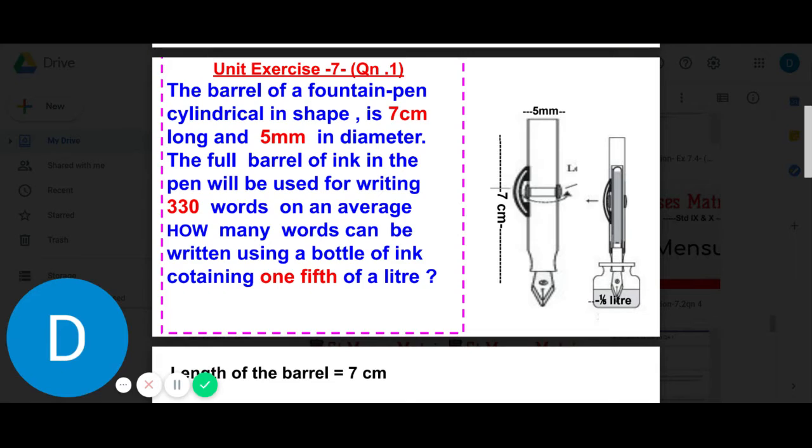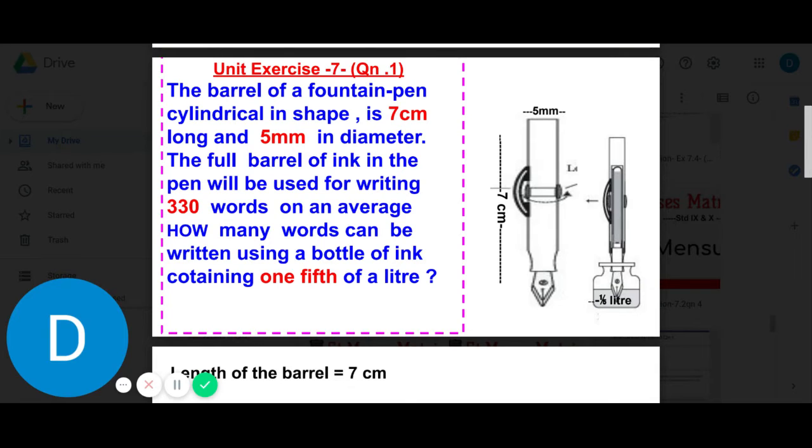So using that bottle of ink, how many words can be written? We should find out how many words can be written using 1/5 of a liter of ink. So here, because the barrel is in the shape of the cylinder, using the volume of the cylinder formula, we can find out the volume of ink in the barrel of the pen.